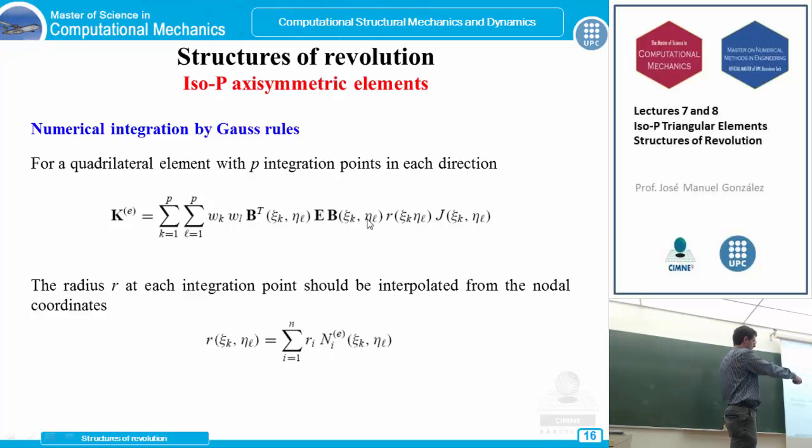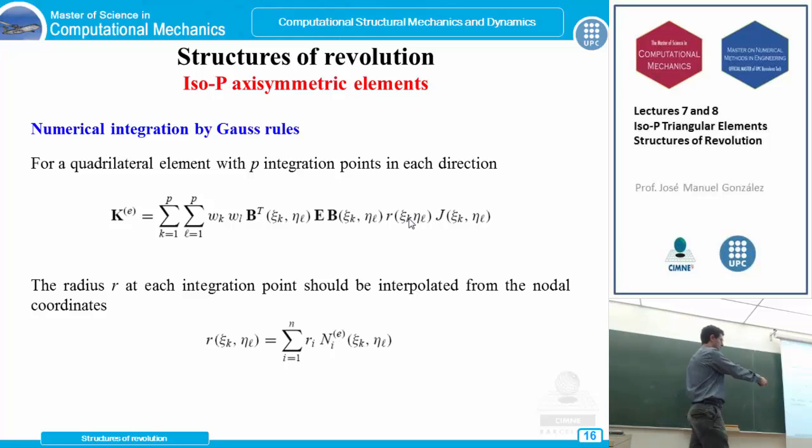Again, this B strain displacement matrix in general depends on the natural coordinates, and this is something which is different, because now we must integrate this radial coordinate, which we can interpolate using the interpolation of the geometry. So this radial coordinate is again calculated using the geometric interpolation, using the nodal values of the geometry, and the same shape functions, again, depending on the element we are using.